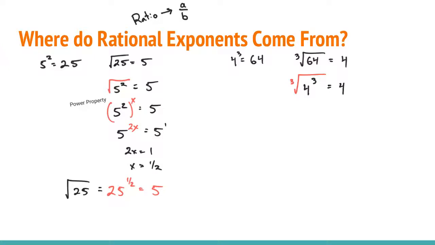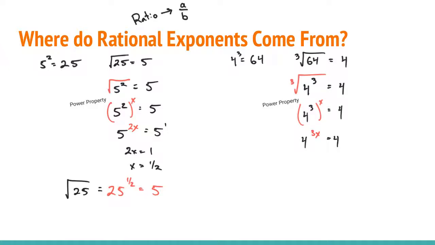And so we're going to take that red cube root there, and we're going to write it instead as some power. So to what power is a cube root? It does still have to equal 4. And again, we know that our power property tells us that you can multiply this 3 times the x, so what we would end up with is 4 to the 3x is then equal to 4 as well.